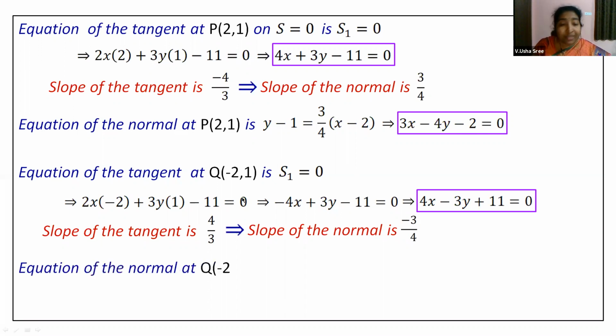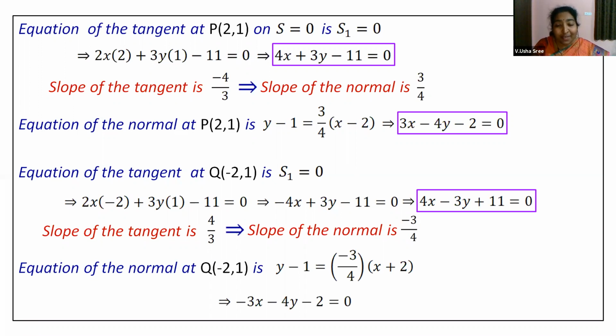Therefore, the equation of the normal at (minus 2, 1) will be given by y minus 1 is equal to minus 3 by 4 into x plus 2. Now, when you simplify this, you will get minus 3x minus 4y minus 2 is equal to 0, or take minus common and you can write it as 3x plus 4y plus 2 is equal to 0.